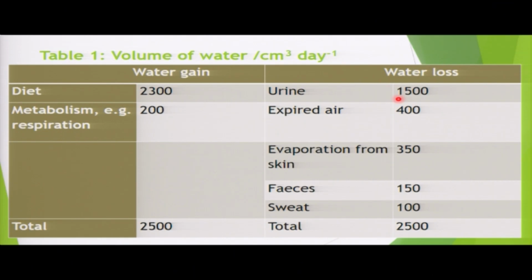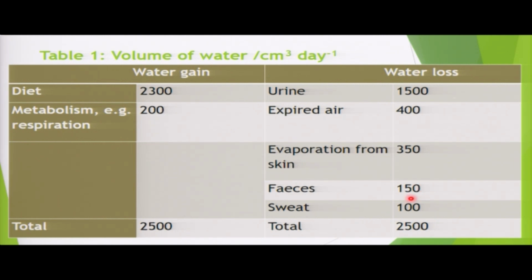Water also can be lost through evaporation from the skin. Have you seen when it is cold, you see some water vapors come out through the skin? That water vapor contains water, which is 350. And then in the feces also, there is some water which is going to be lost, which is equal to 150 centimeter cube per day.